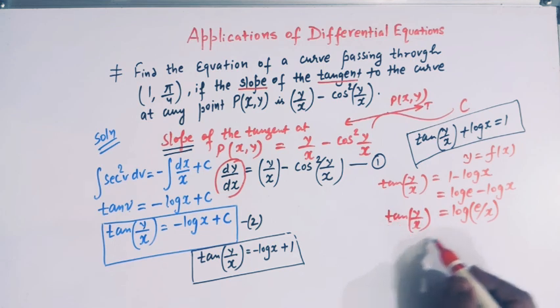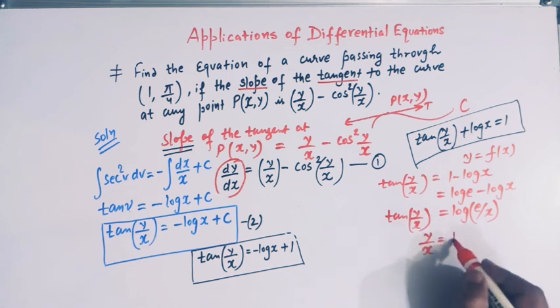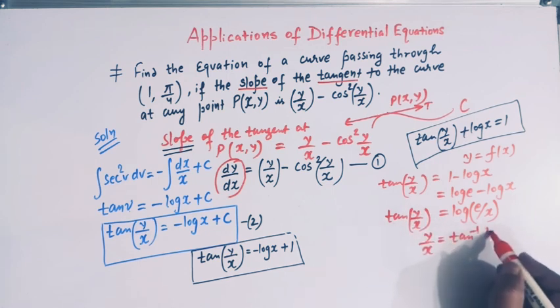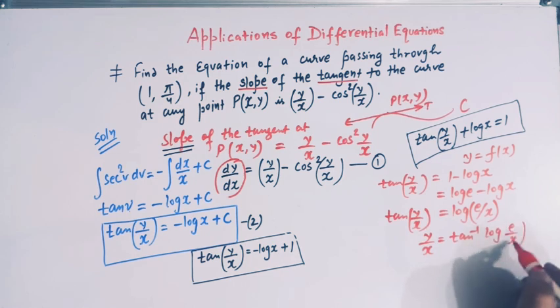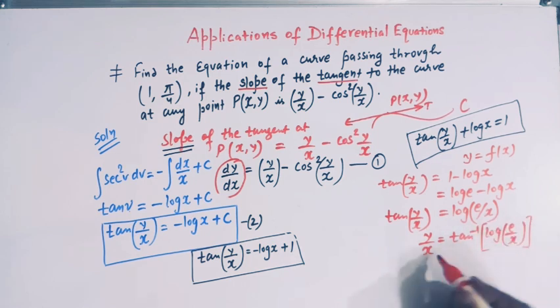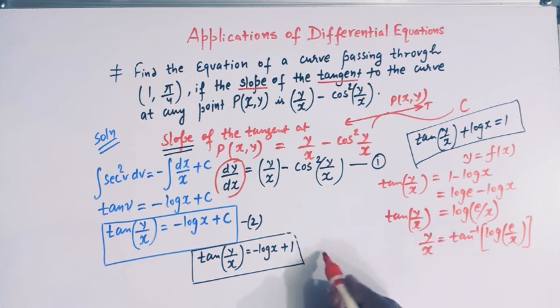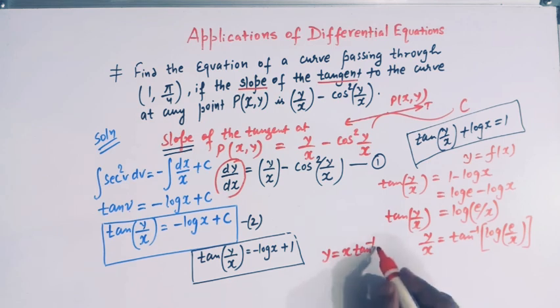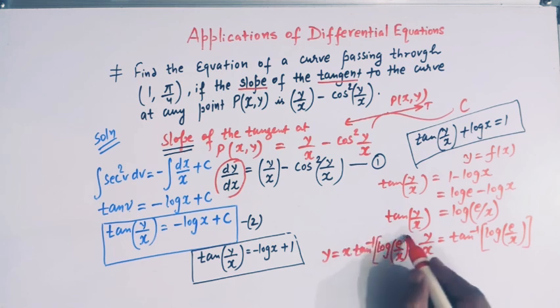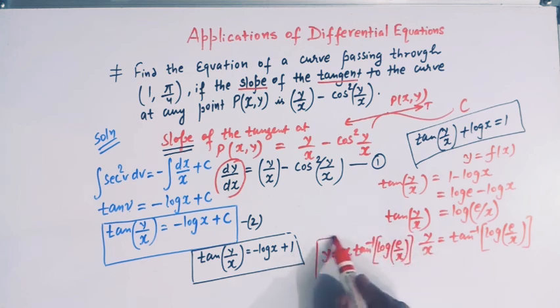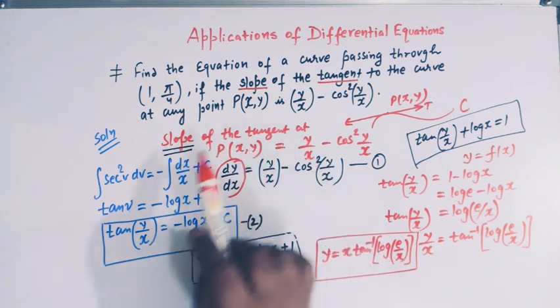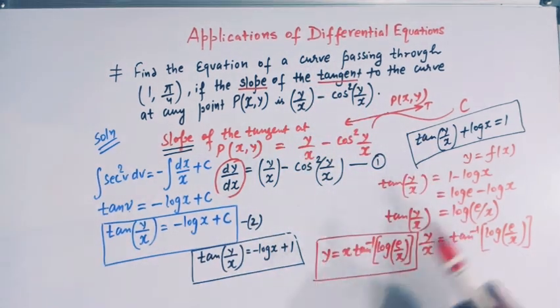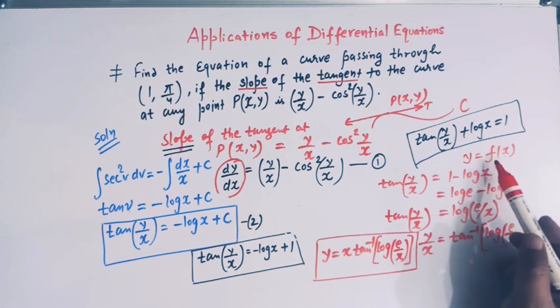And taking this tan to this side in the form of the inverse function, y/x = tan⁻¹(log(e/x)), and taking x to this side, we have y = x tan⁻¹(log(e/x)). So this is the equation of this curve in the form y = f(x).